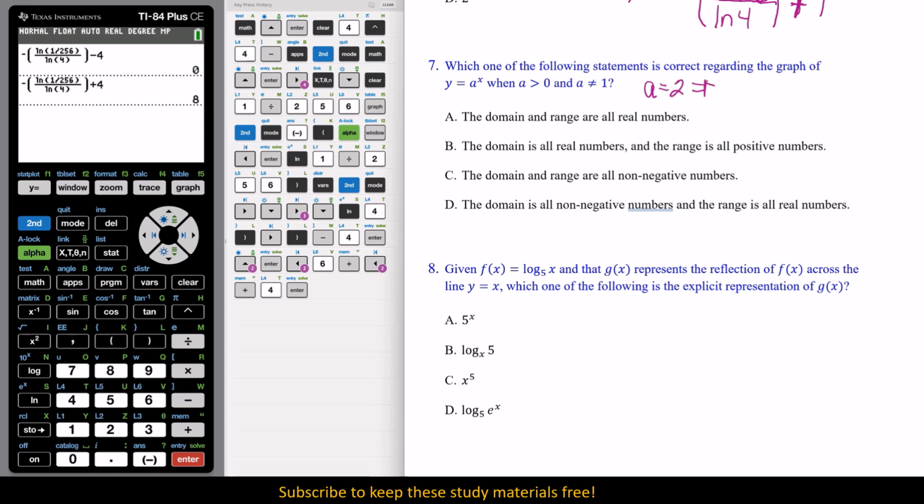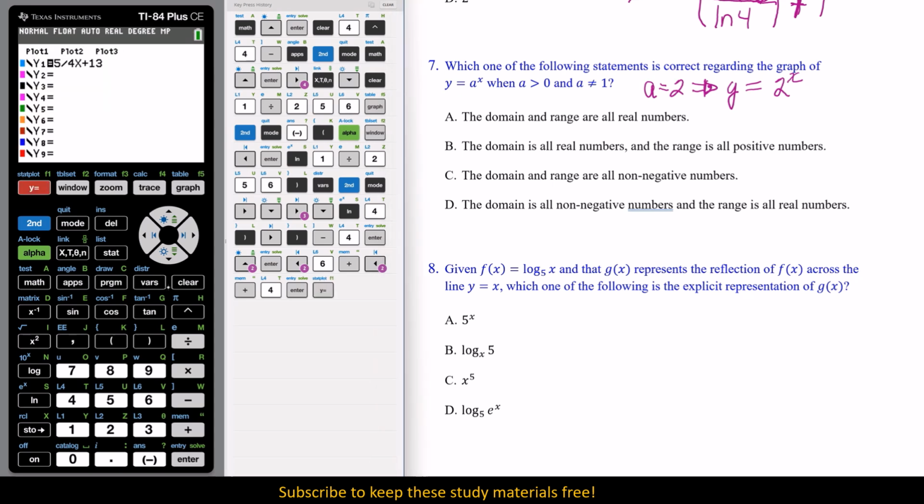This would imply that we could say y equals 2 to the x. So let's put that in our calculator. Let's push y equals, clear out anything we have in there, just so we only have one graph showing.